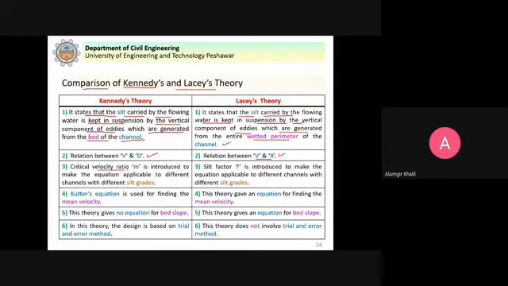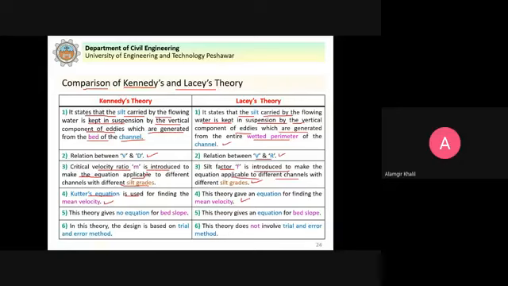Number 3, critical velocity ratio is introduced to make the equation applicable to different channels with different silt grades. In Lacey's theory, silt factor F is introduced to make the equation applicable to different channels with different silt grades. Kutter's equation is used for finding the mean velocity, whereas Lacey theory gave an equation for finding the mean velocity.